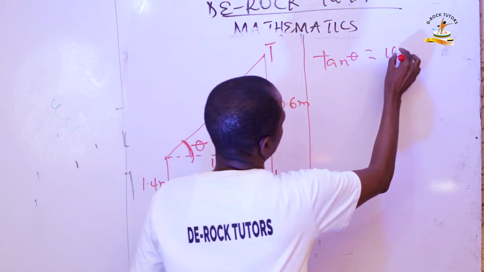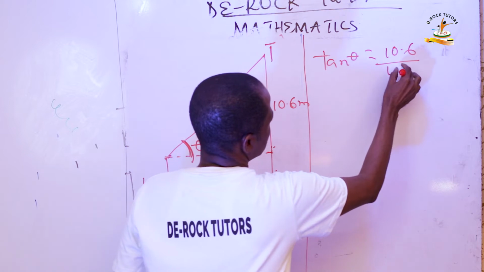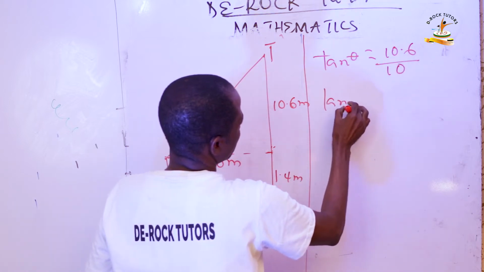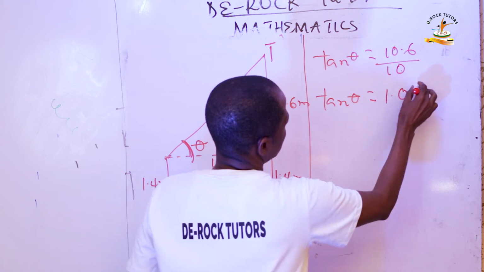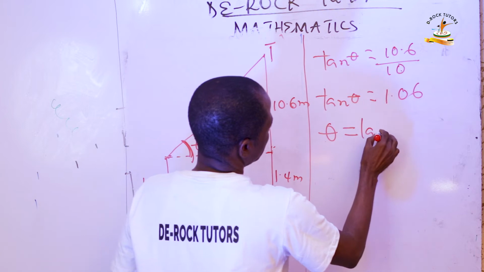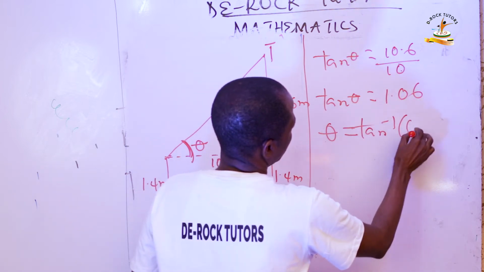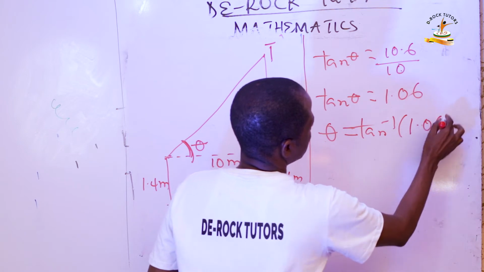That's 10.6 over the adjacent. That is 10. So that our tan theta is equal to 1.06. And then our theta is going to be the arctangent of 1.06.